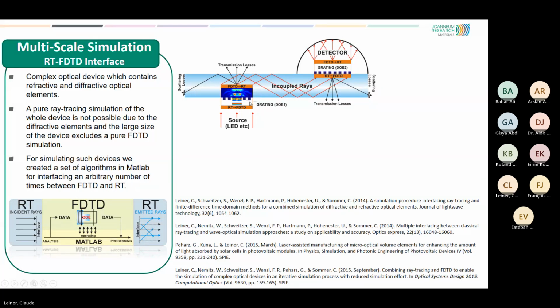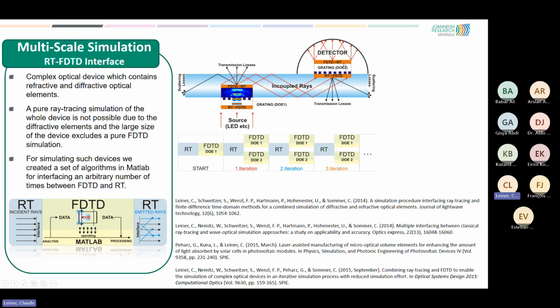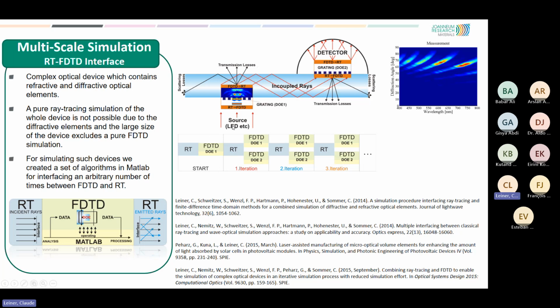And when you want to simulate optical devices which have diffractive optical elements and bigger refractive optical elements, like here, for example, where you have two grating couplers on a waveguide plate, then you have to switch between these two methods to make a whole simulation of the device. And this is what I developed. I bridged between these two methods with self-developed algorithms.